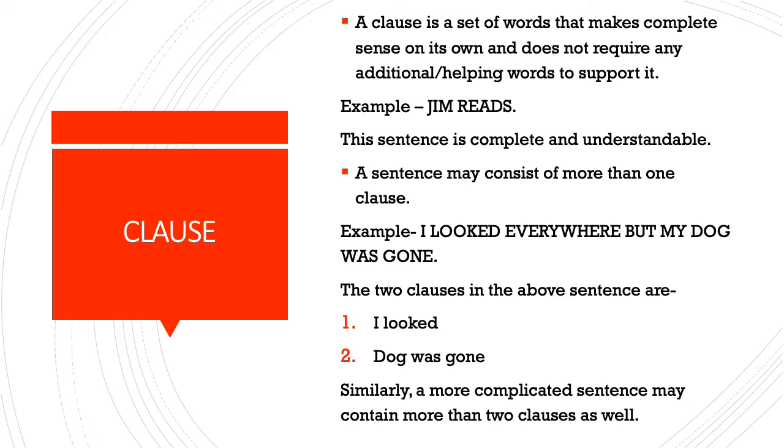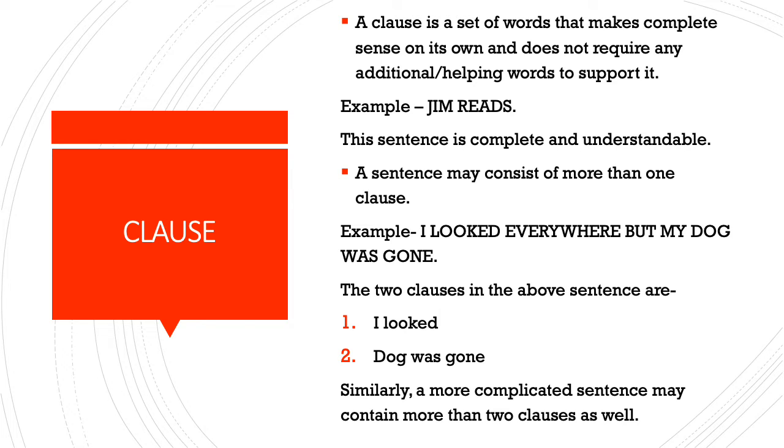Through these two words, we are able to understand what Jim is doing, right? We can understand that Jim is performing the action of reading. So a clause does not have to contain too many words in order to be complete. It can contain only two words, a subject and a verb, to make it complete and understandable.